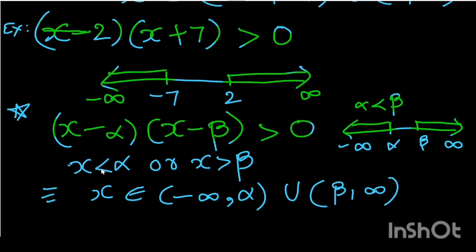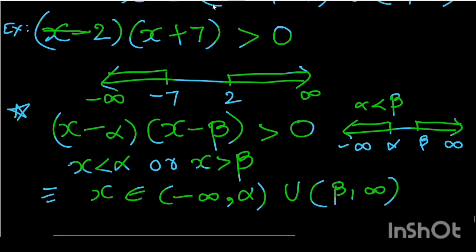That means x lesser than alpha or x greater than beta, or in other words we can say that x belongs to minus infinity to alpha union beta to infinity. That way we can generalize it.